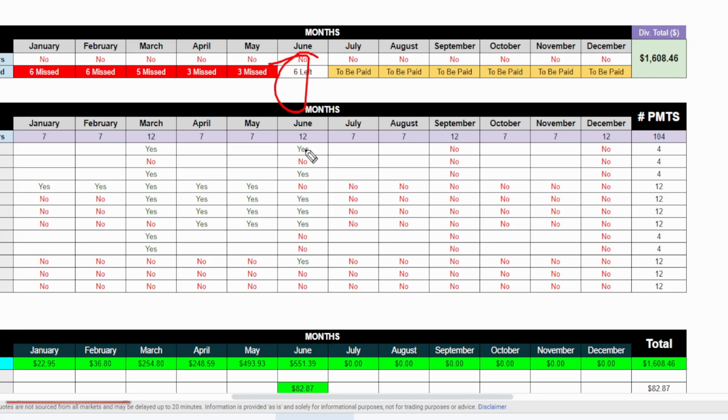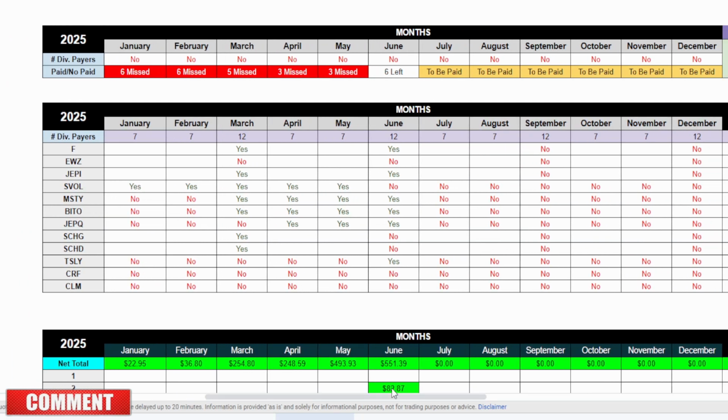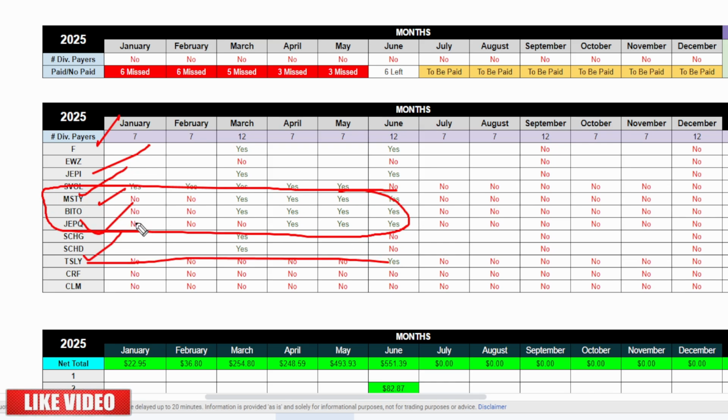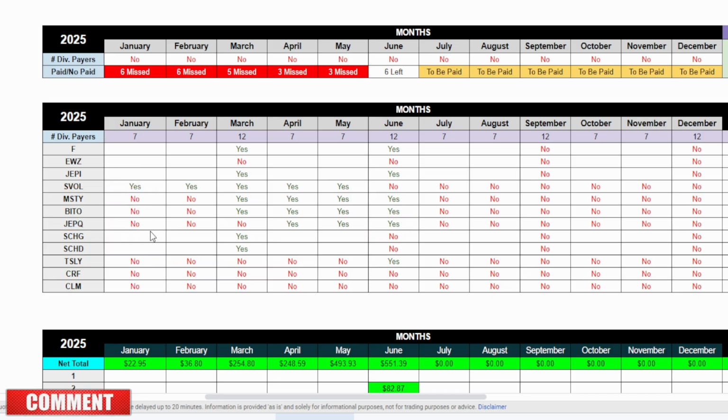We have only collected here 1, 2, 3, 4, 5, 6: Ford, these 3 here, which were JEPQ, BITO, and MSTY, and here Tesla. So basically, we still need to collect SCHD, SCHG, CRF, Cornerstones, and CLM, and of course SCVOL and EWZ.